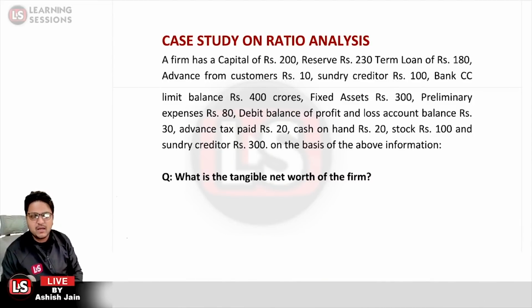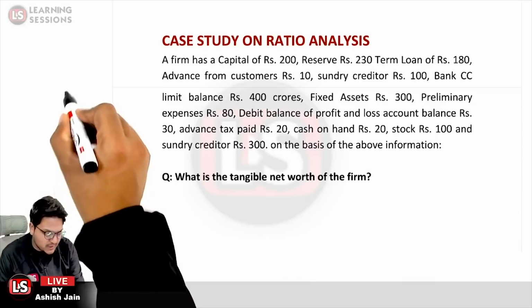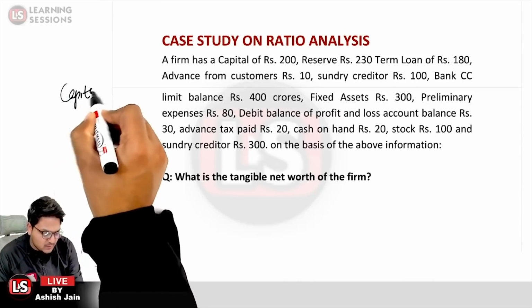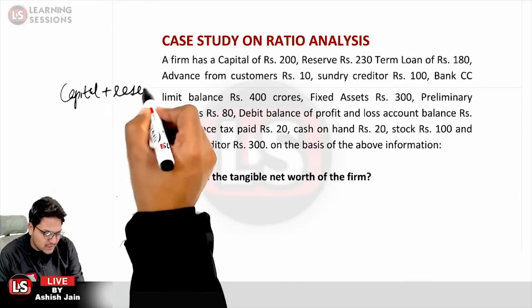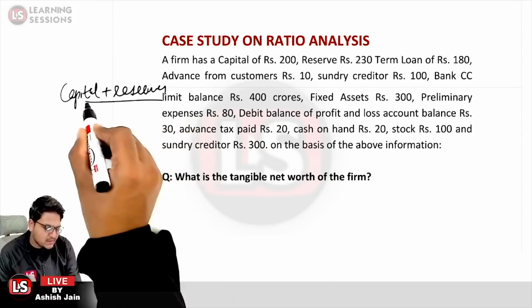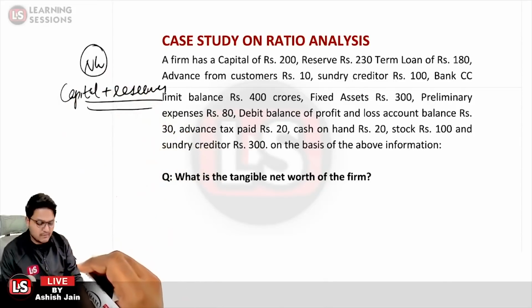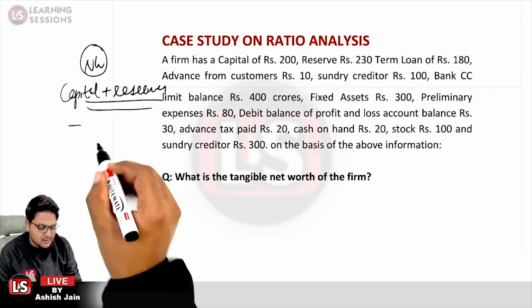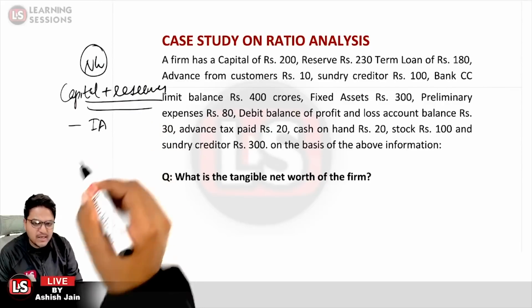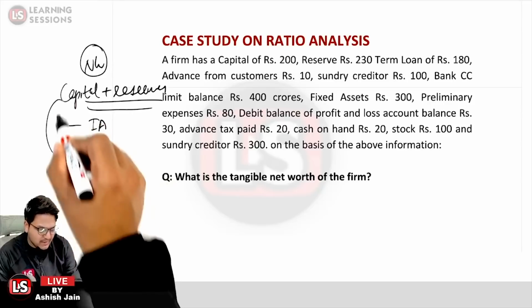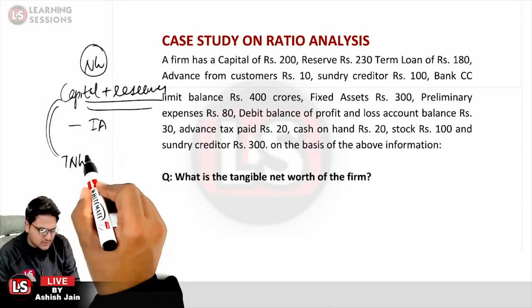Now what do you mean by net worth? First of all, the sum total of capital plus reserves is the net worth itself. And further, when we subtract the intangible assets from the net worth, that gives us the TNW, that is, the tangible net worth.